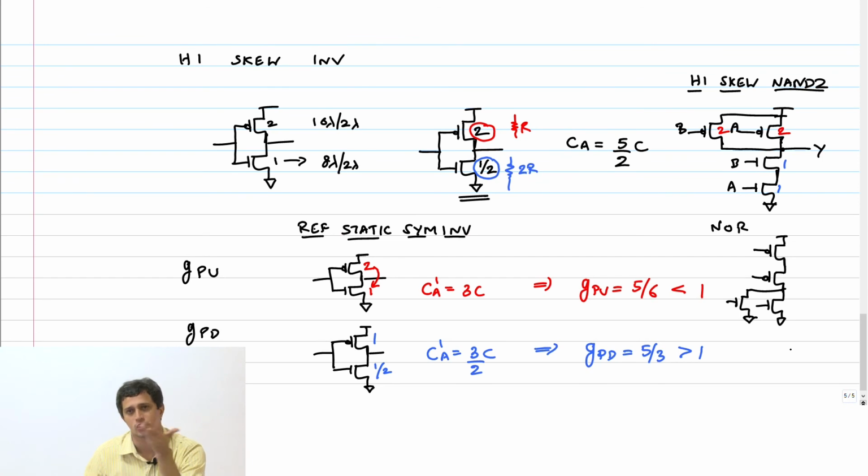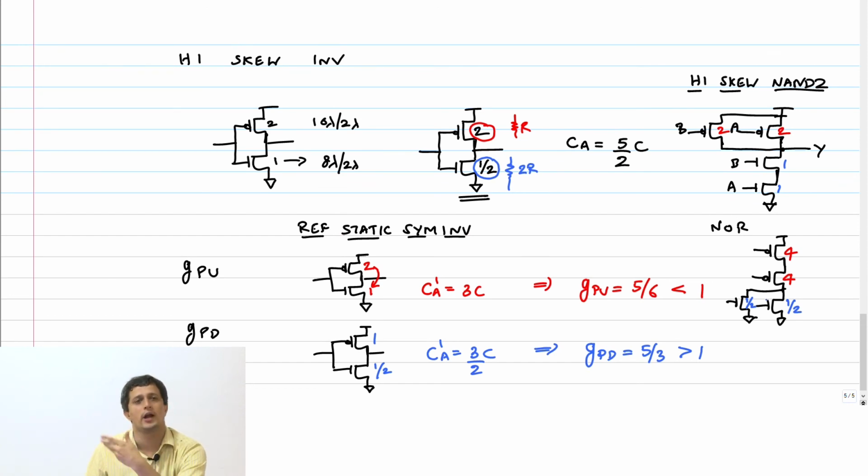Because the net resistance should still be R. It's a high skew NOR, and therefore this size will be 4, 4. What about the NMOS? Half and half.